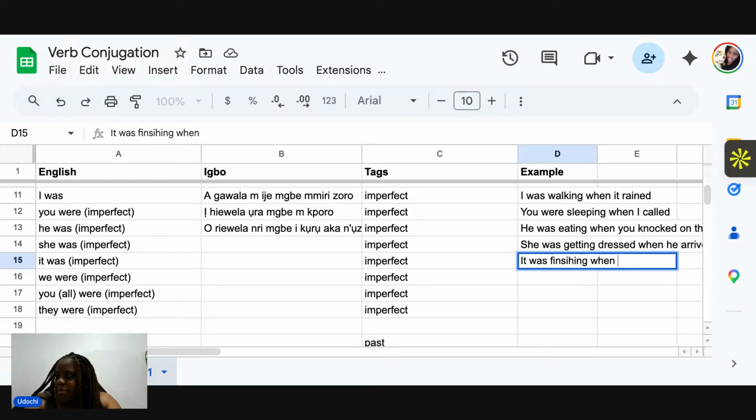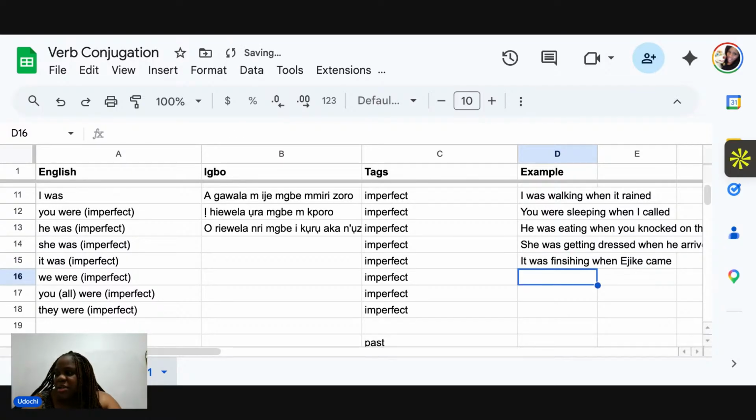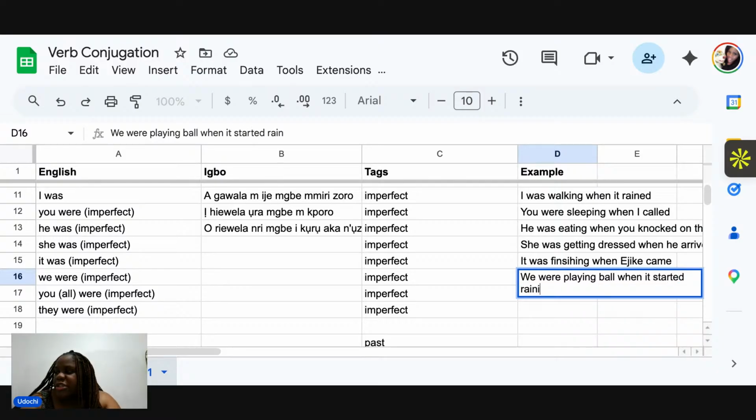When Educate came. So we can differentiate the first it from the second it. That's why I'm using somebody's proper name. We will start with the we. We were playing ball when it started raining.